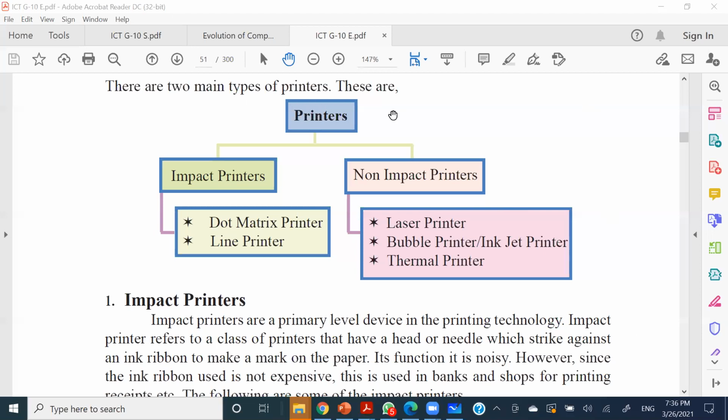We are just drawing this sketch, Chamath. It's the hierarchy that we are drawing, like printers divided into impact and non-impact printers. So under that, we are going to write the examples.